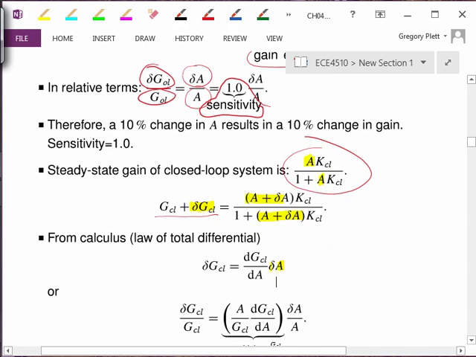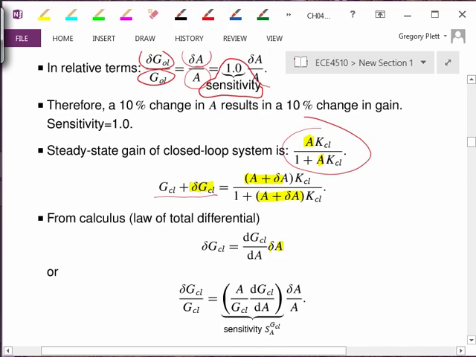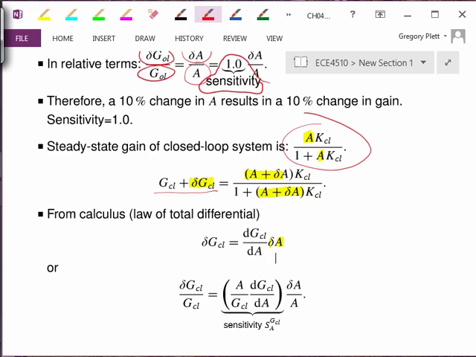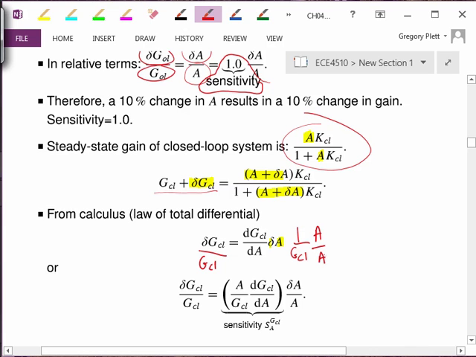We can then divide both sides of this expression by G CL, and I can also multiply this side by A over A, and by manipulating things we have on the left-hand side the change in gain divided by actual gain, which corresponds to that term there, what I wanted.